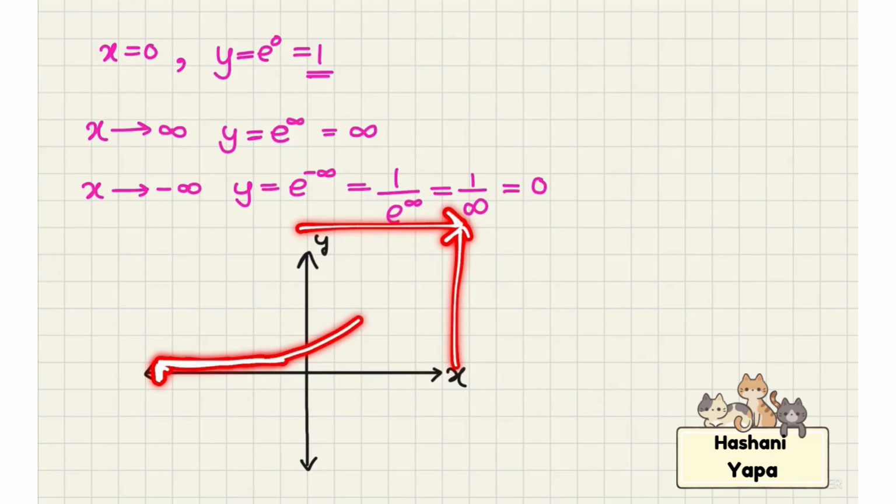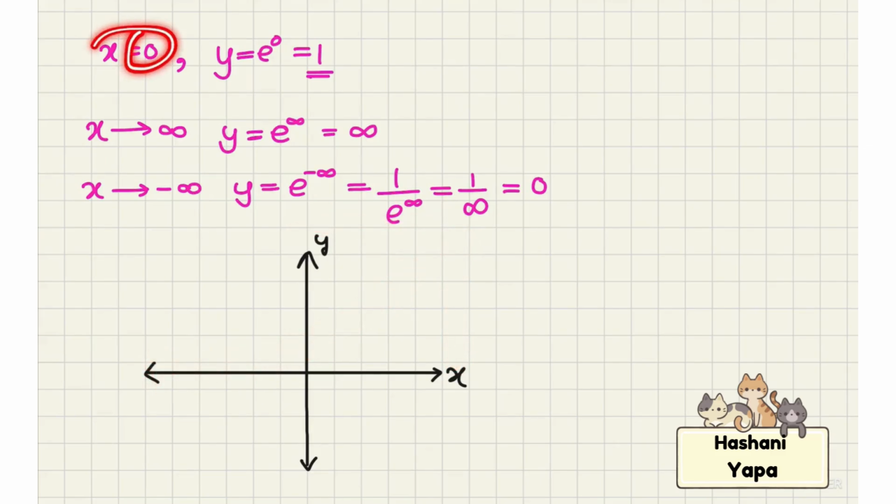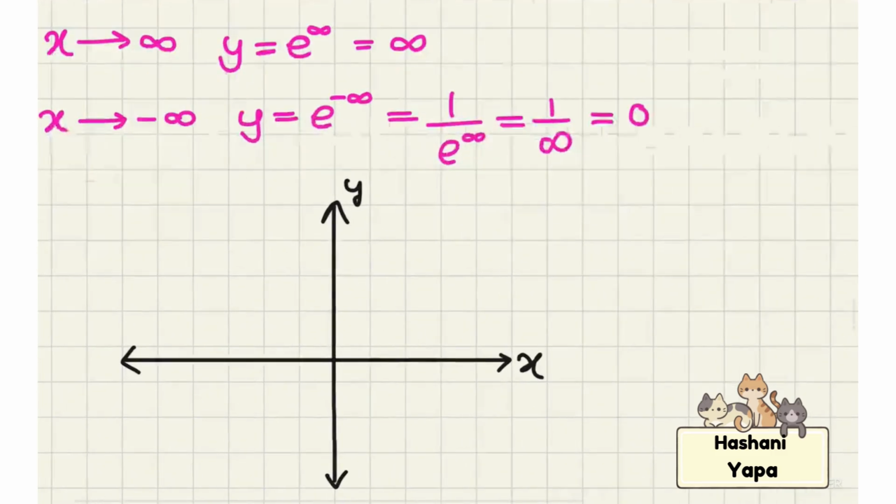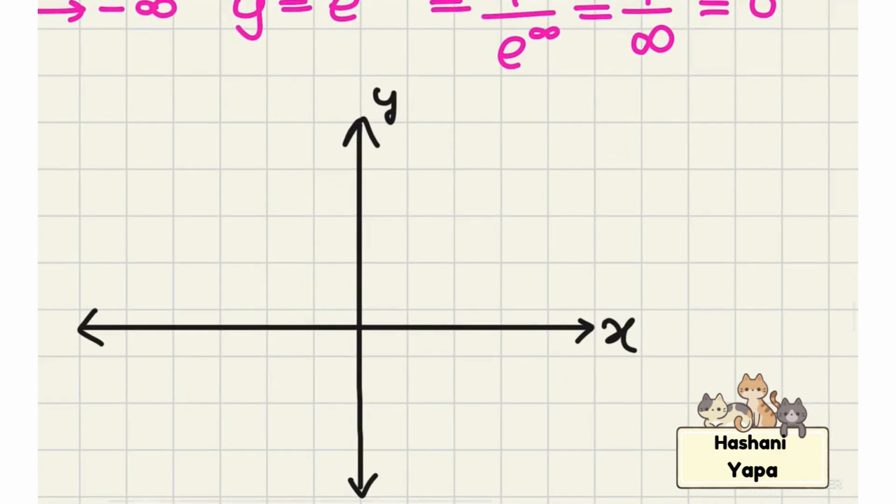So you can see the graph will go like that. And when x is 0, the graph cuts the y-axis at 1. So our graph looks like this.